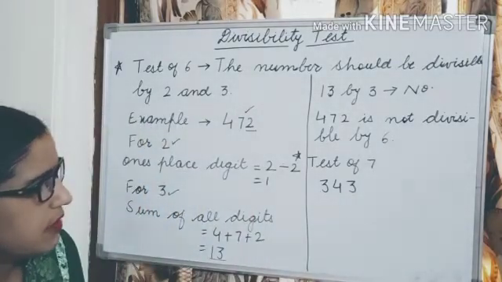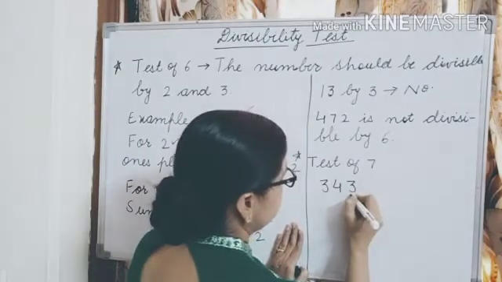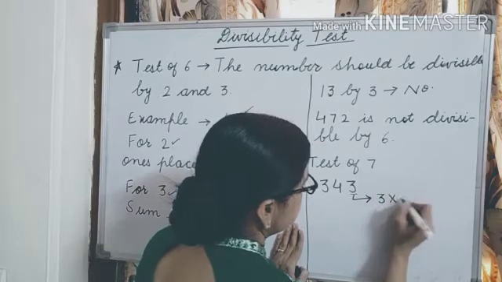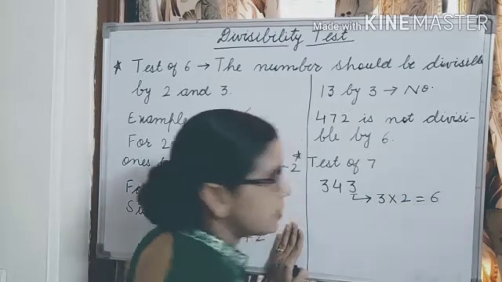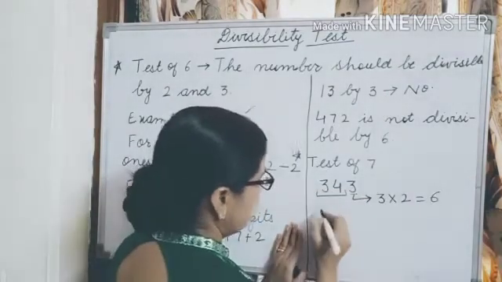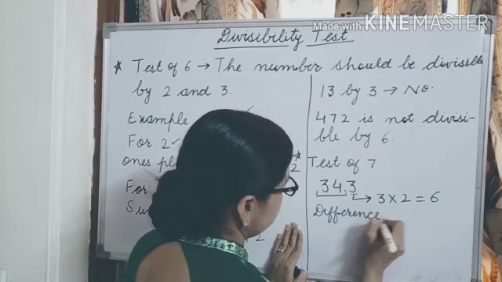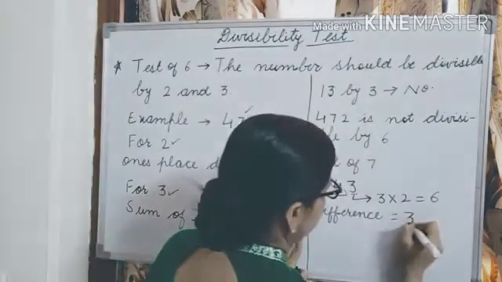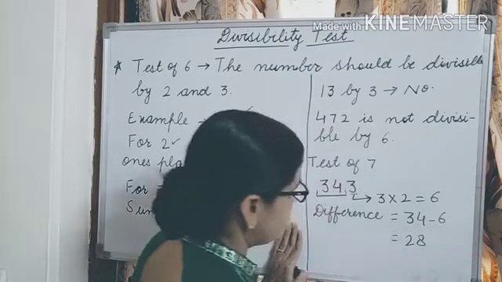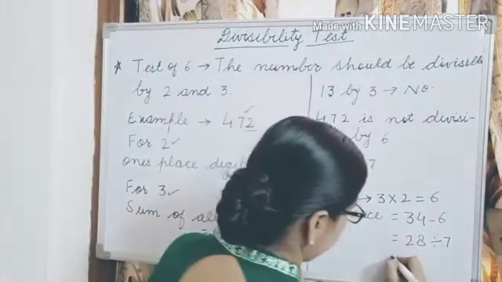343. What have I told? First, the ones place digit. This is 3. 3 multiplied by 2 is 6, and the number formed by the rest of the digits is 34. Then the difference, 34 minus 6, is 28. 28 is coming in the 7 table 4 times.